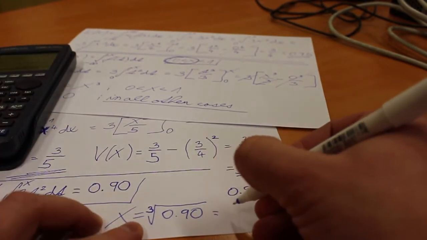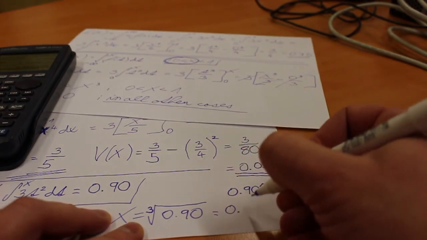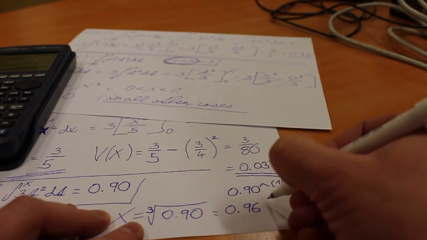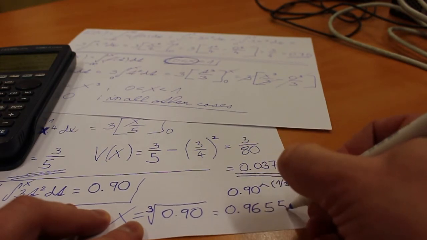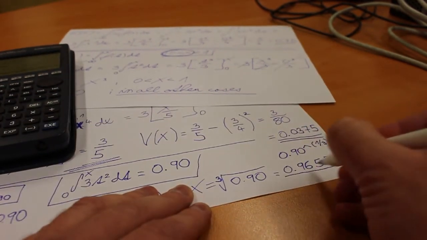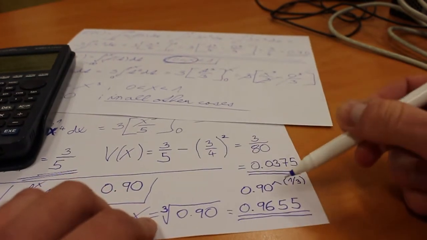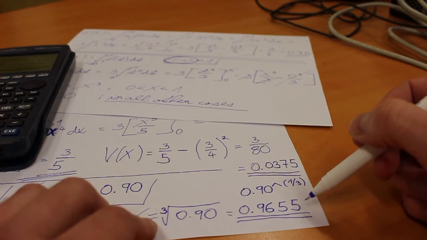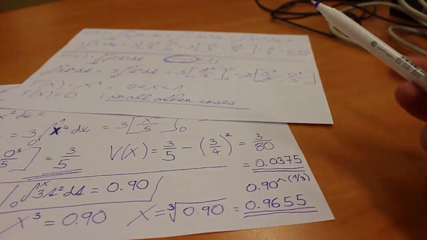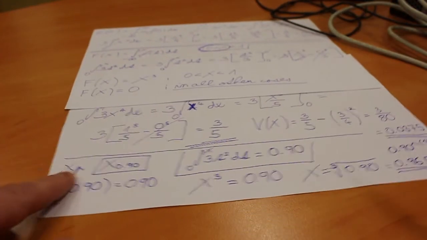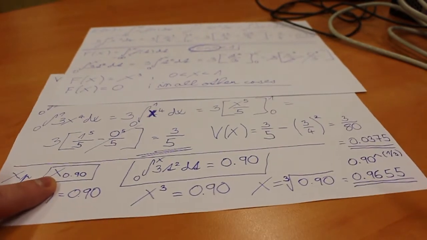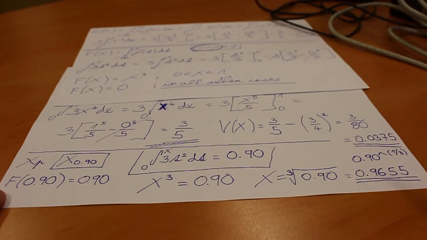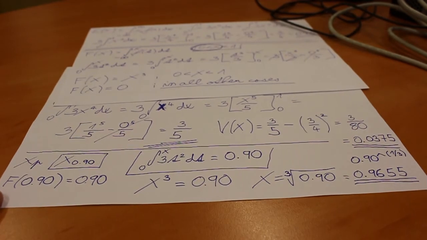The result is 0.9655. So this value 0.9655 is the 90% quantile of the continuous random variable x.